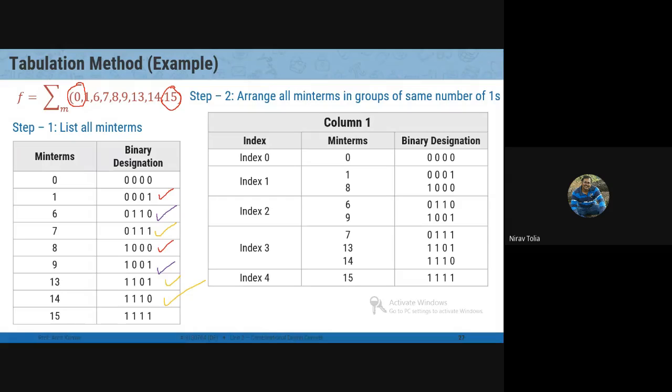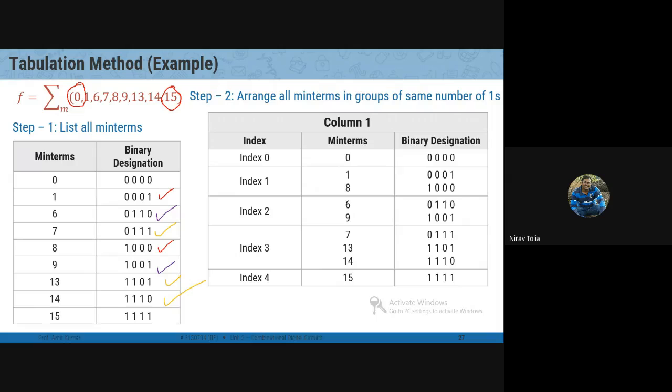And how do we create a group? We arrange all the min terms which have the same number of ones in their binary representation.